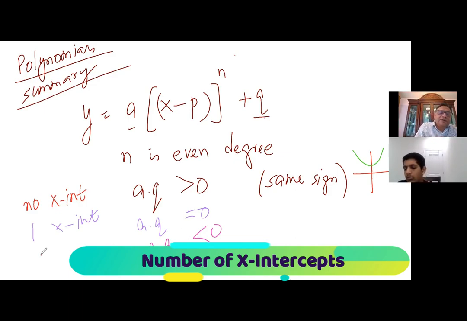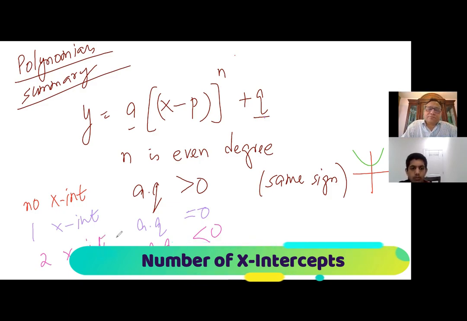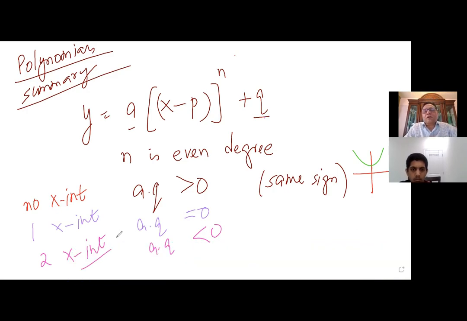In that case, we get two x-intercepts. Is that clear to you? So that is how we are going to describe the behavior of an even degree polynomial. An even degree polynomial might have 0, 1, or 2 x-intercepts, while an odd degree will have only one, correct?